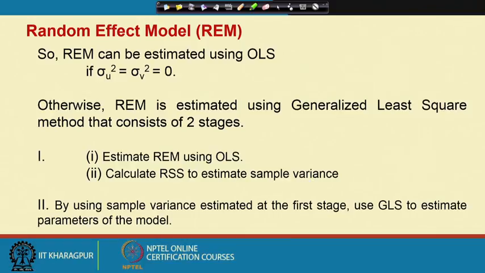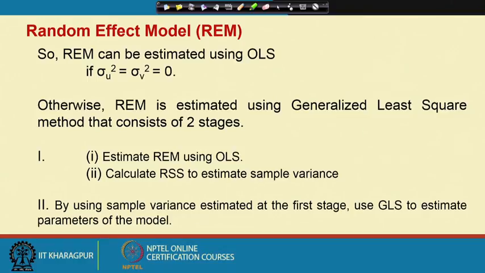Then now the choice between random effect models or fixed effect model. So, we have some kind of test. Here we are assuming that in the OLS mechanism sigma square u and sigma square v, and we would like to estimate the process with a structure called generalized least square methods, because in the case of panel data modeling, particularly the random effect model, the usual OLS structure will not work, and then we will go for the generalized least square mechanism.